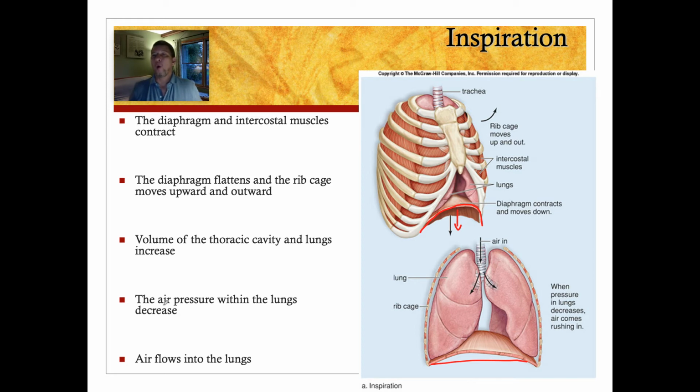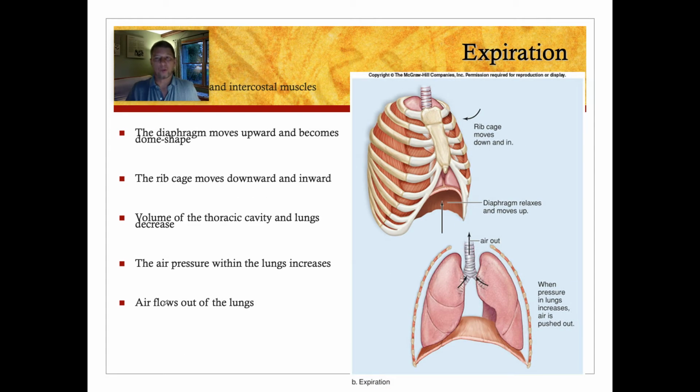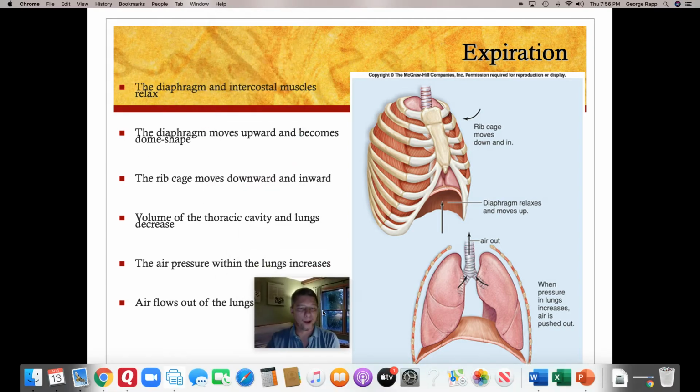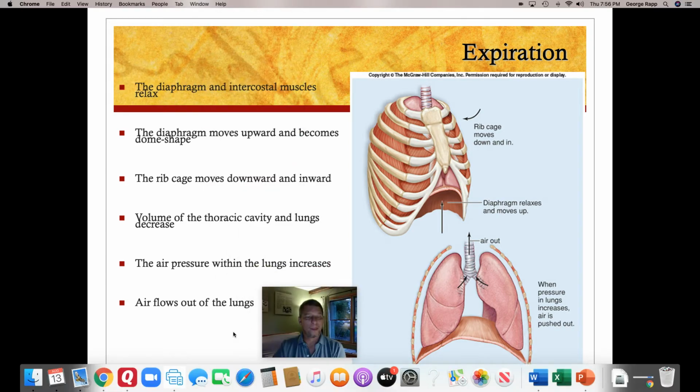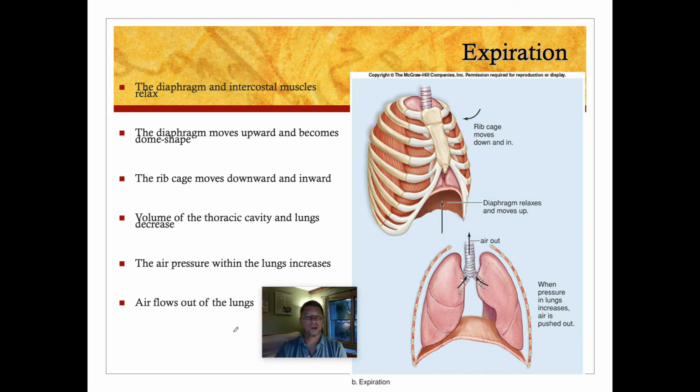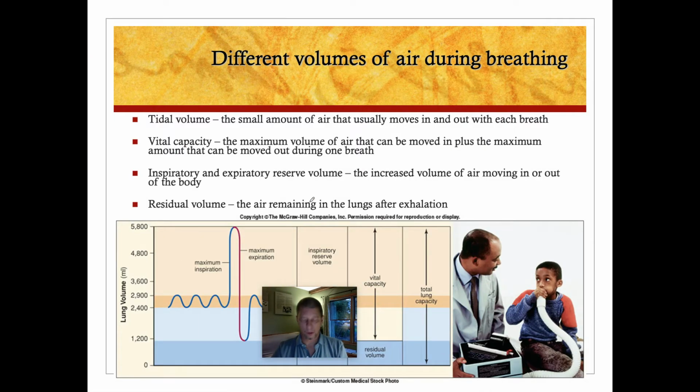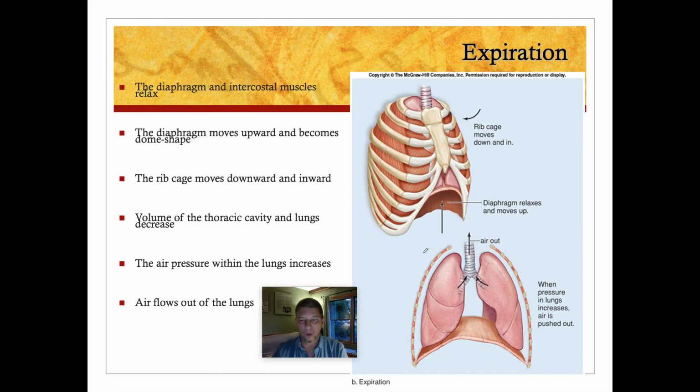Now, once you're done with that and you're ready to breathe out, that's the process of expiration. In this case, the muscles relax. The diaphragm and the intercostal muscles relax, and so what happens here is that the diaphragm moves back upward, and you can see that here.